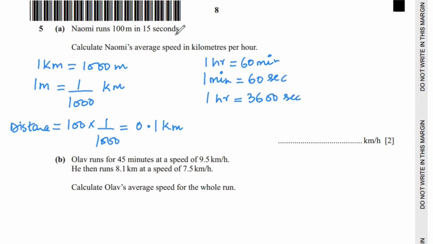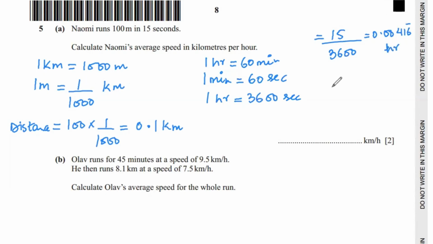So to convert 15 seconds into hours, we will do 15 divided by 3600, which will give us 0.00416 recurring. This is in hours.